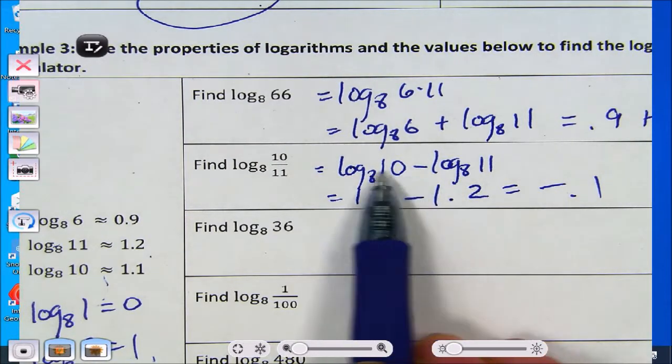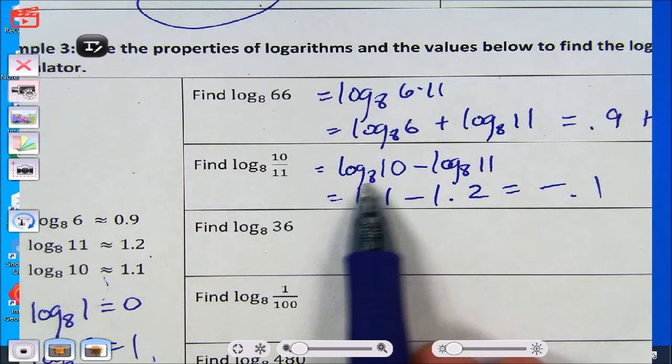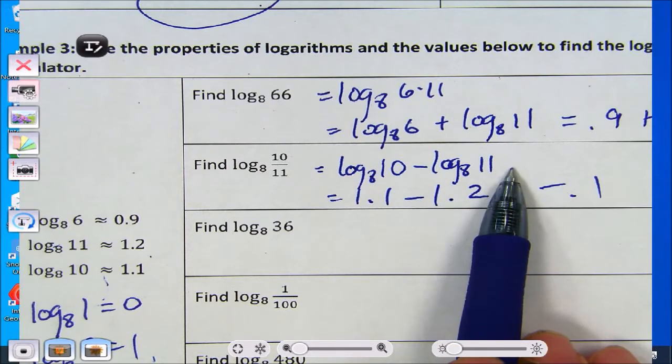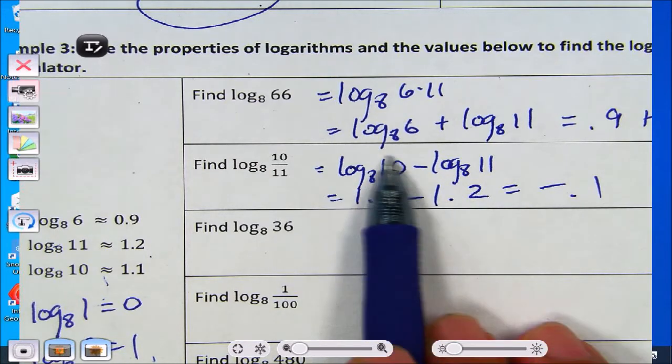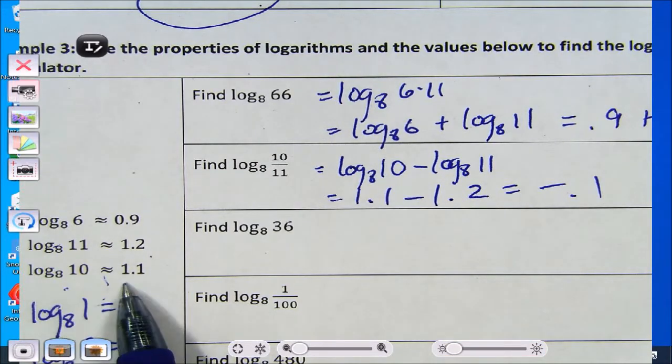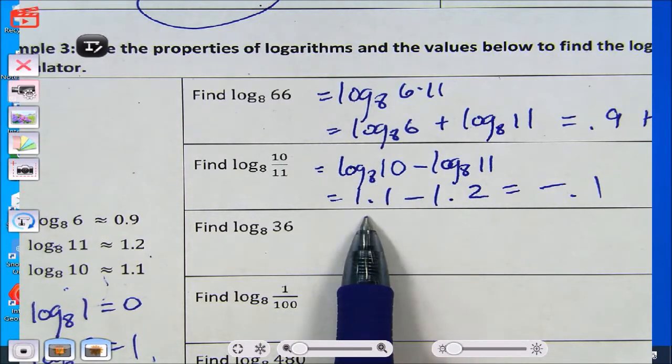Alright, so I rewrote log base 8 of 10 over 11 as log base 8 of 10 minus log base 8 of 11. You understand that? Fraction turns into subtraction. And then I look over here, log base 8 of 10 is over here as 1.1. So I replace the log base 8 of 10 with 1.1.